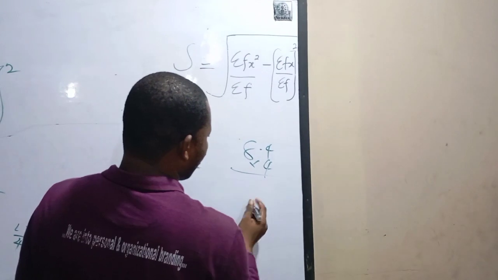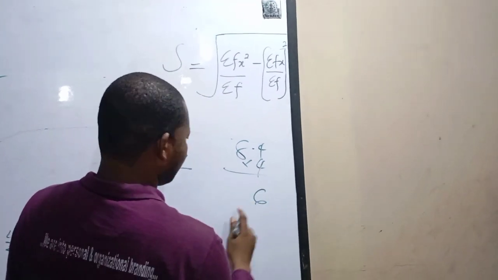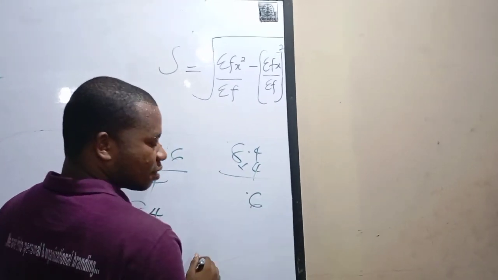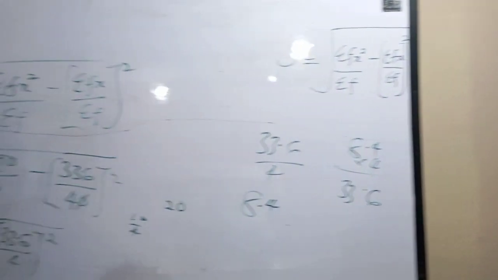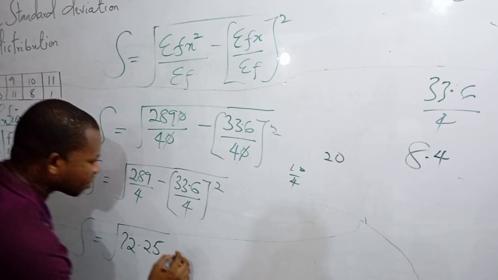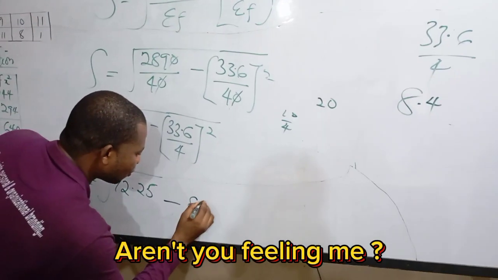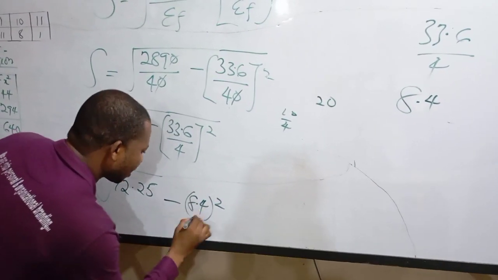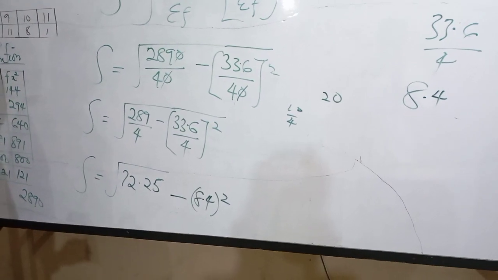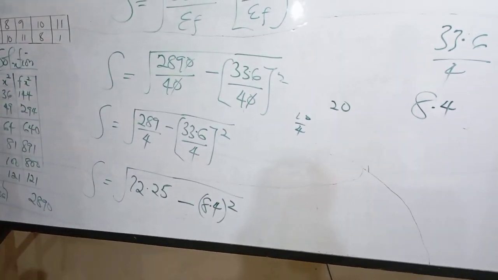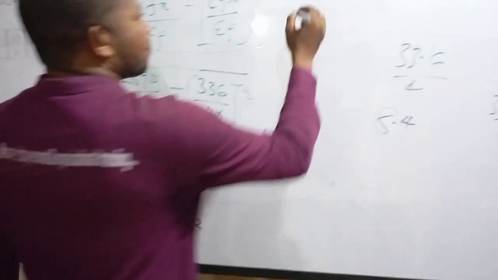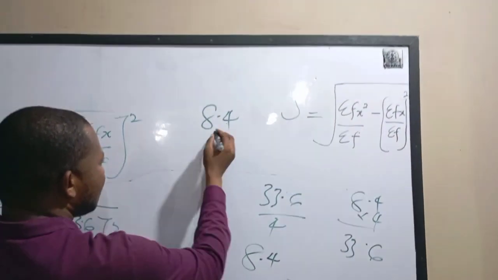Times 4, let's see what we have. 16, carry 1, 4 times this, 32 plus that one you carry, 33, so it's actually 8.4. So this one gives us 8.4 squared.